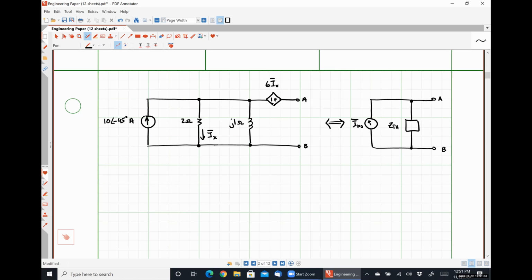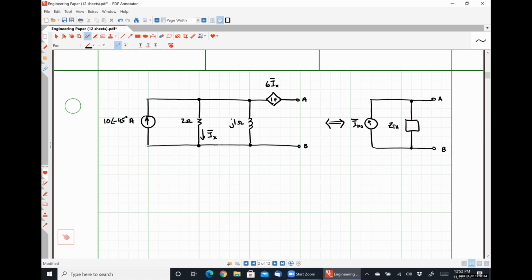So how am I going to approach this? It depends on what I'm looking for, and let me be clear about that.